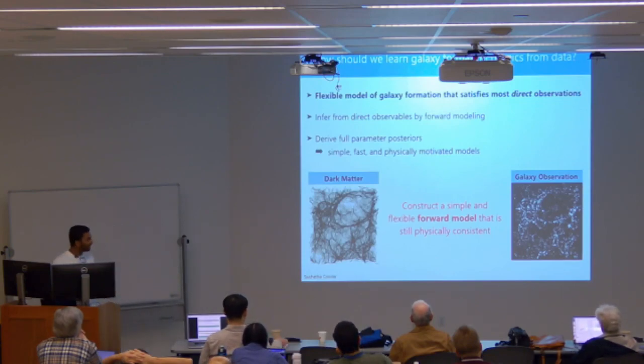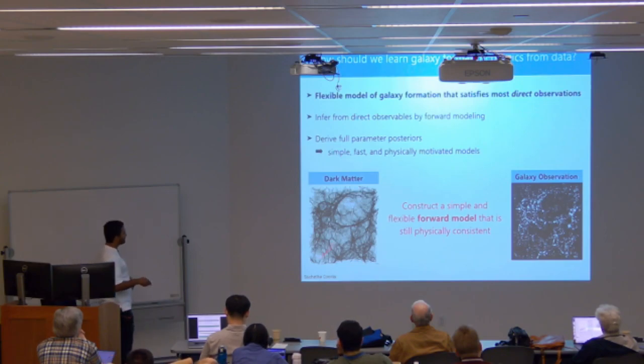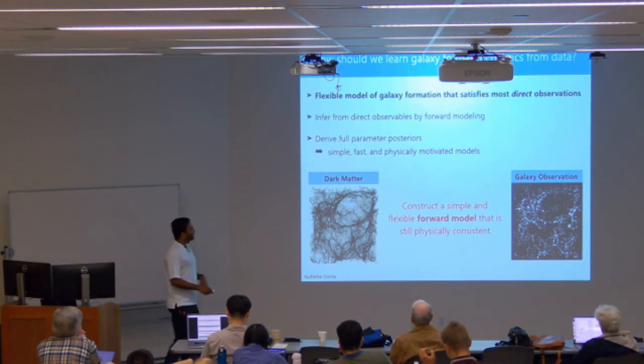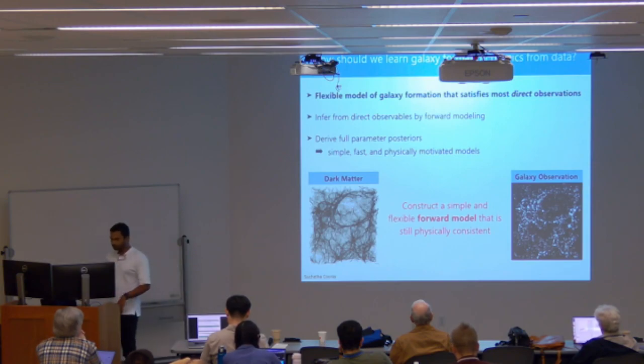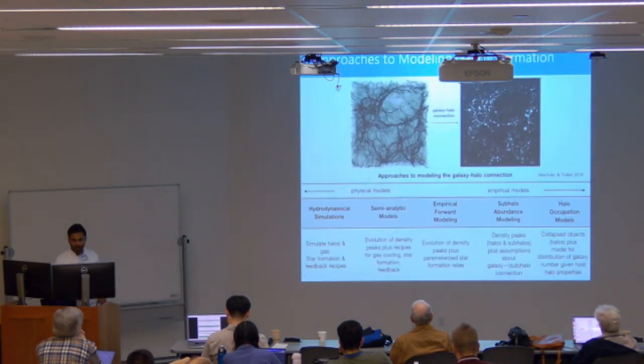So first we assume a cosmology and start with a distribution of dark matter halos. Obviously, Phil might have problems with that, but we can start from these dark matter distributions and try to match galaxy observations, and do that in a forward model.